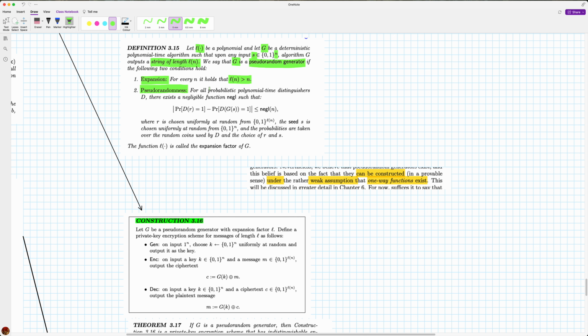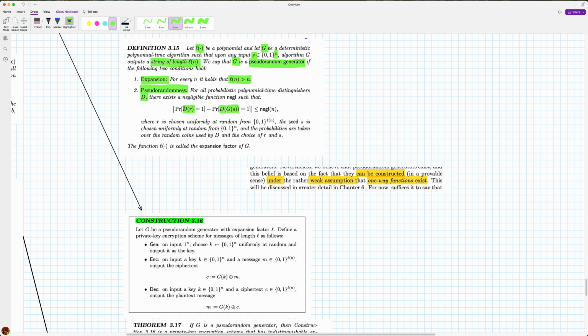What this says is that for all PPT distinguishers T, so all polytime distinguishers, there has to exist a negligible function such that when the distinguisher is given a truly random string versus when a distinguisher is given the function G acting on a uniform string, then they should not be able to distinguish which is the case.